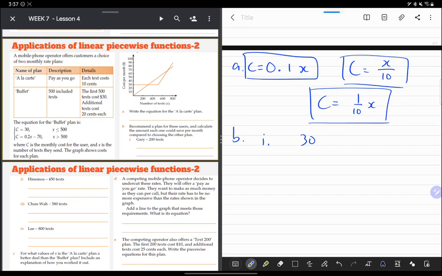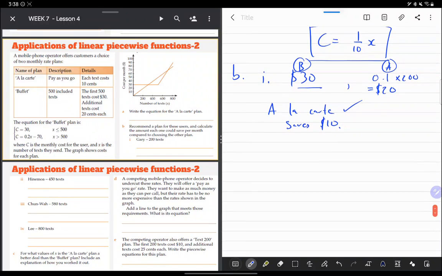So it's 30 for the buffet plan versus a la carte, 0.1 times 200 texts, so that's $20. So we should go with a la carte, which saves $10. If you went to buffet, Gary would be paying $30.